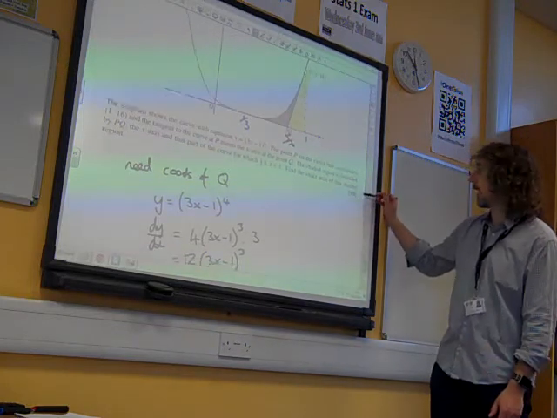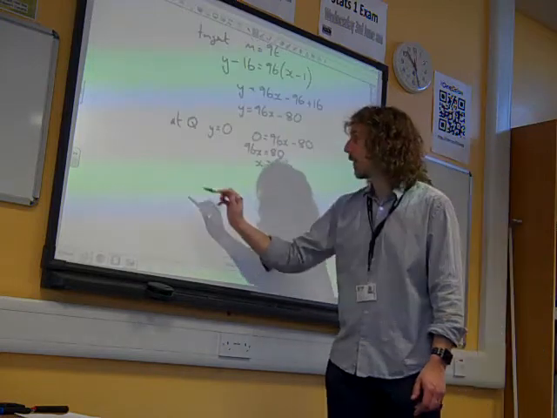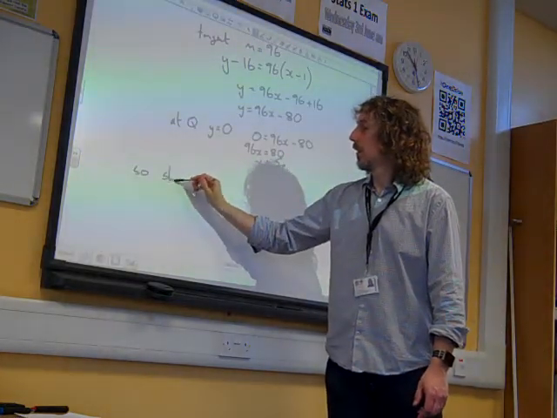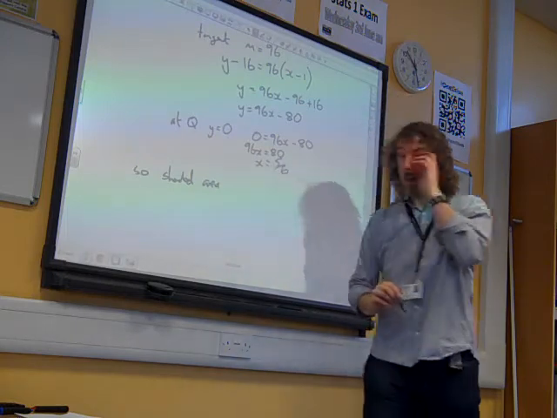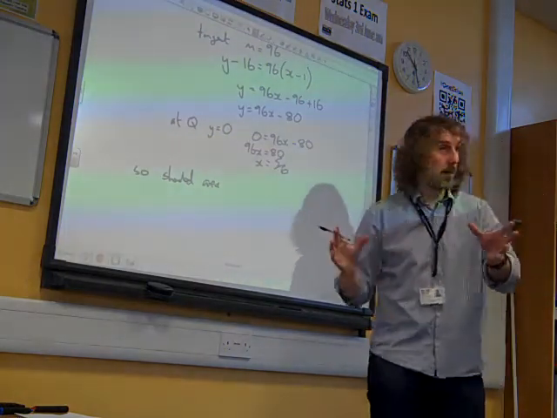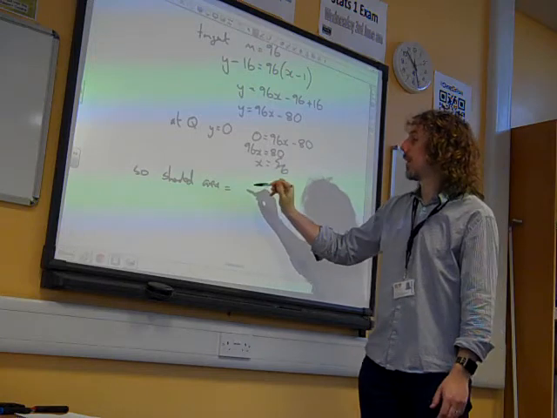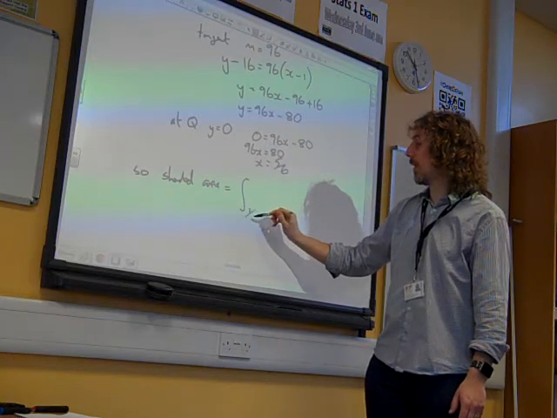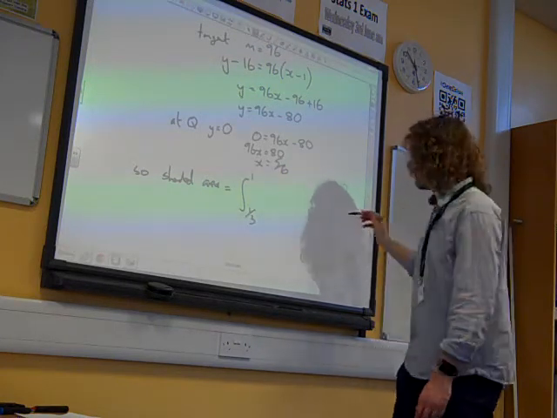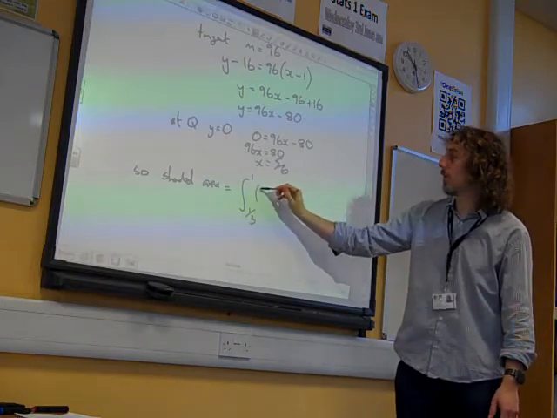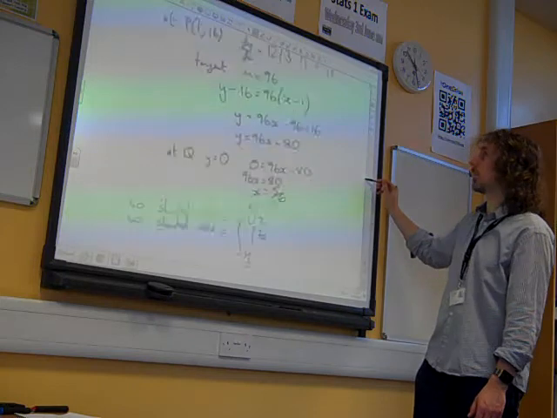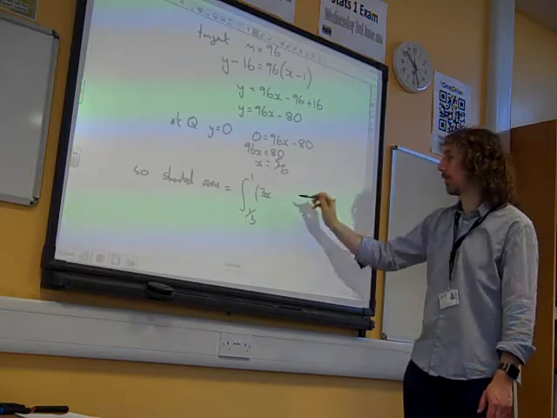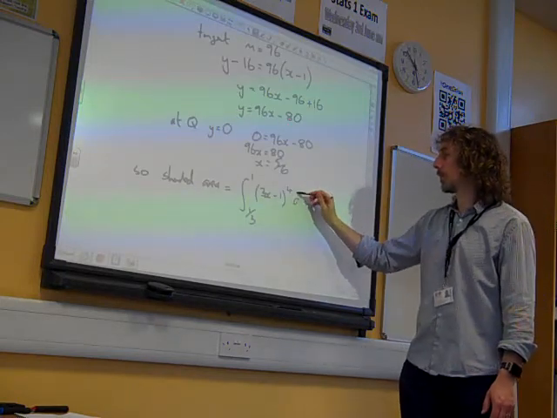So the shaded area is the area of the whole thing, the integral from 1/3 up to 1 of the curve, which was (3x - 1)^4.